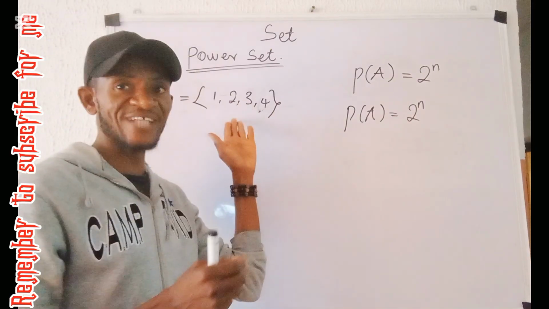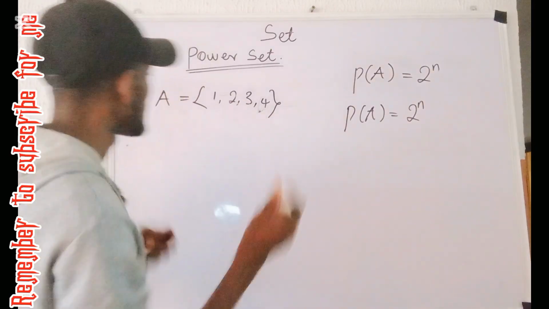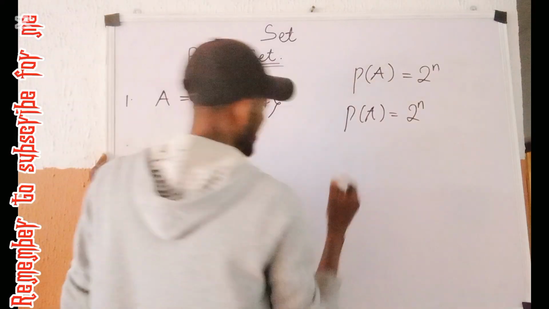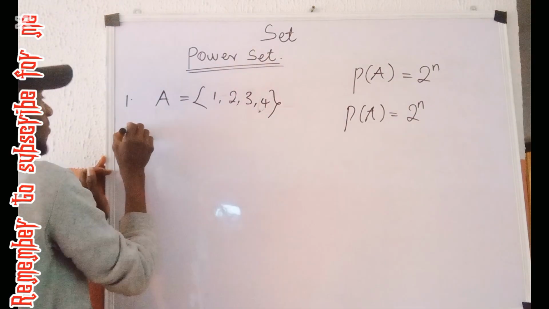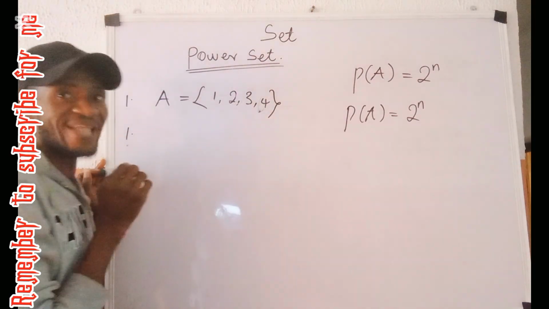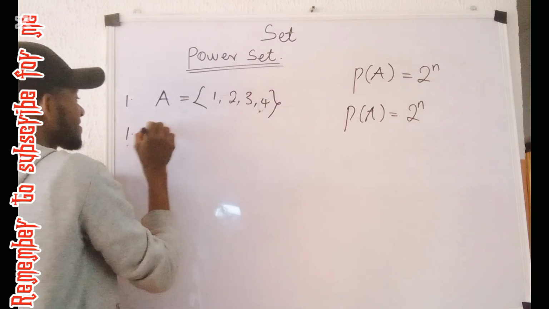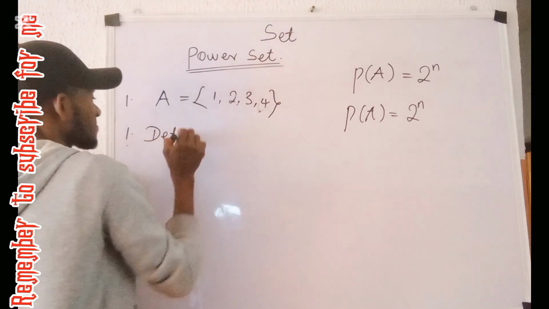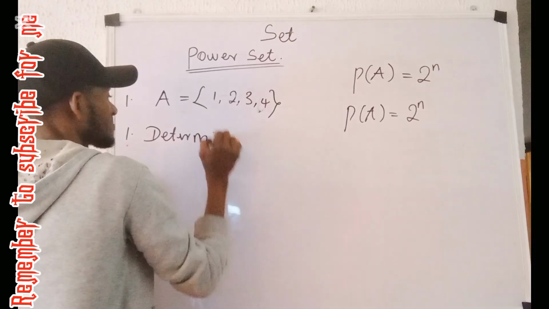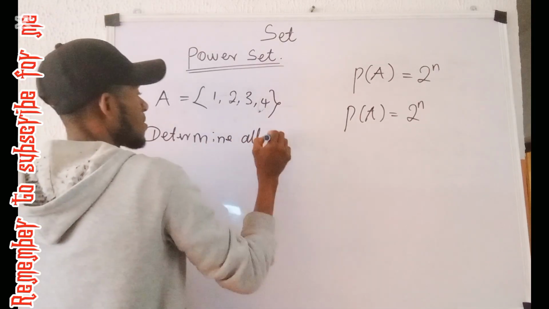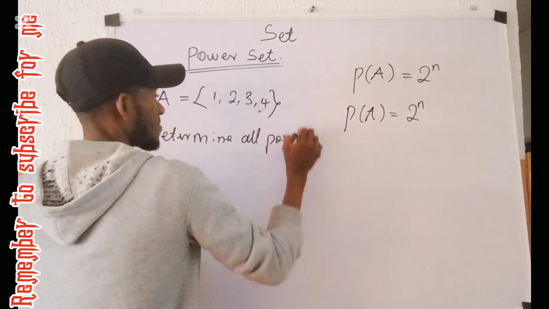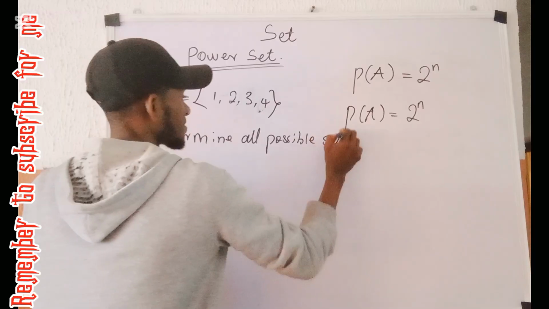The questions they can ask us under this are: number 1, determine all possible subsets.